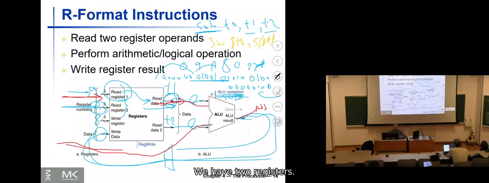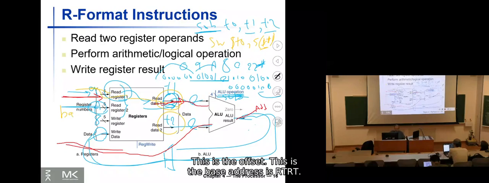So we have two registers. One is for the source, for the offset. I don't remember which one is which one. This one is that or the other one. One of them is for the offset. I guess it should be this one. So this is the offset. This is the base address.